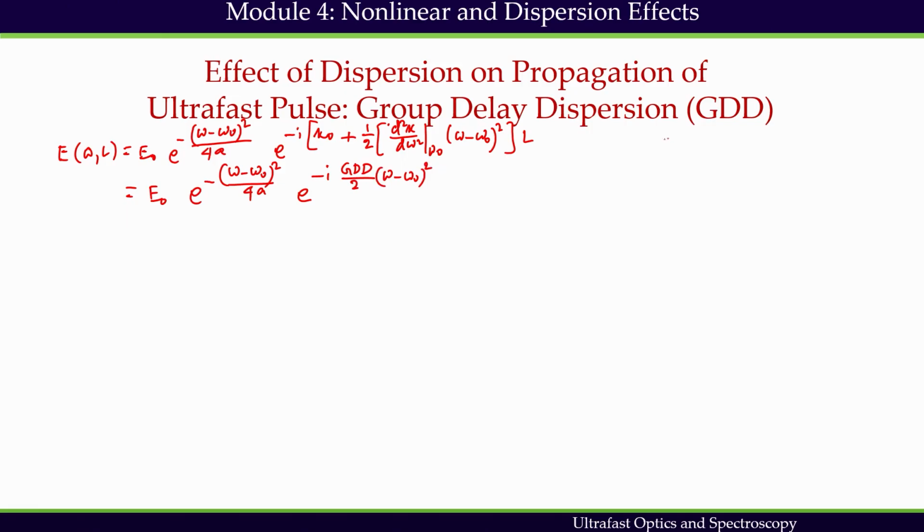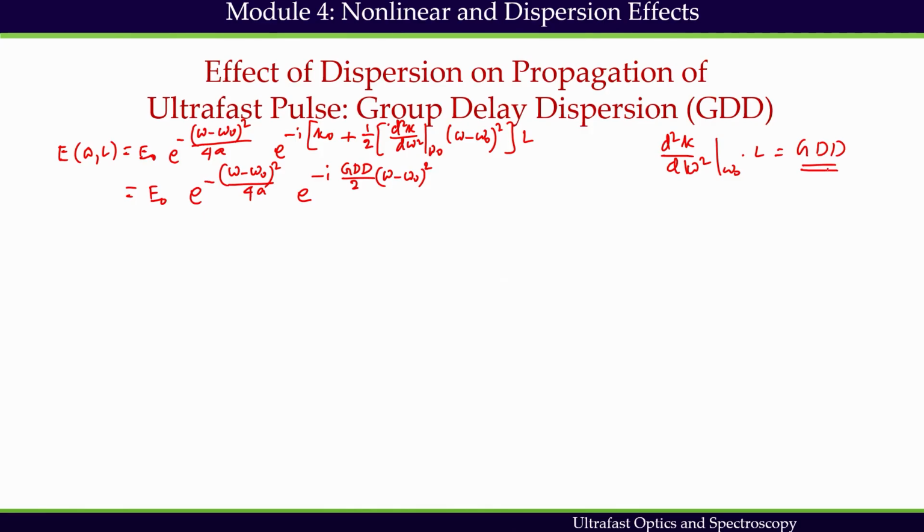GDD is nothing but d2k d omega 2 at omega naught multiplied by L, which is GDD, group delay dispersion.